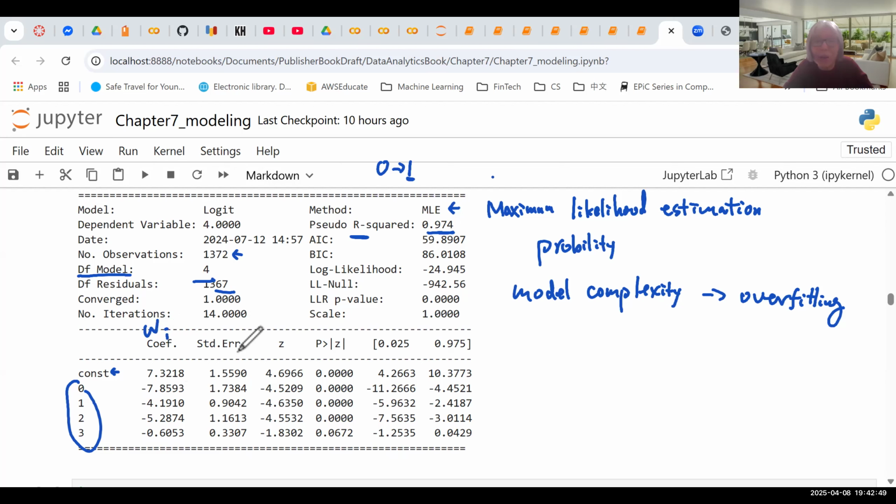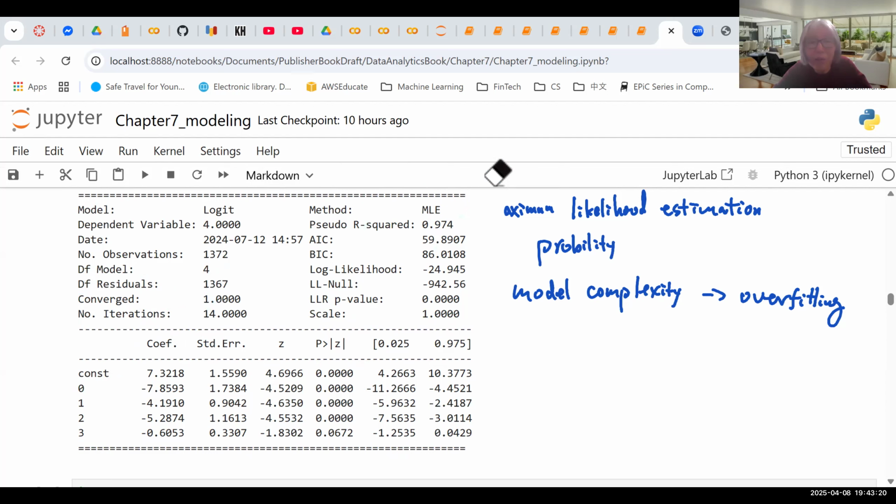Here is the standard error, here is the z statistic, and here is the p-value. From the p-value, we can see it's a pretty low value, so that means the result is also good. And here it also gives you the 95% confidence level. So this is the output for the statistical model.